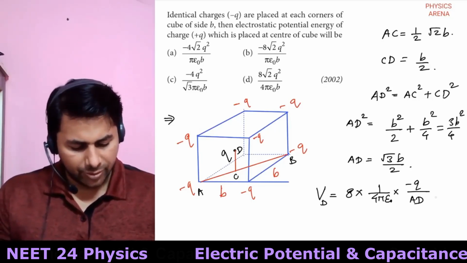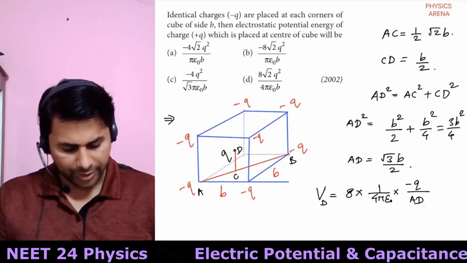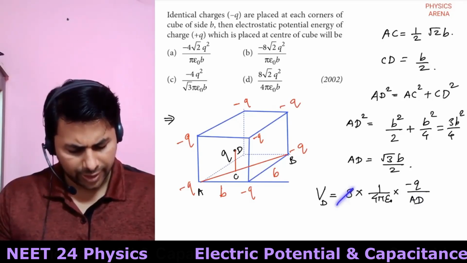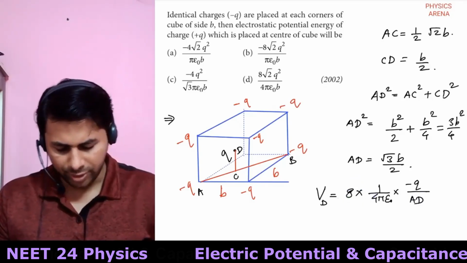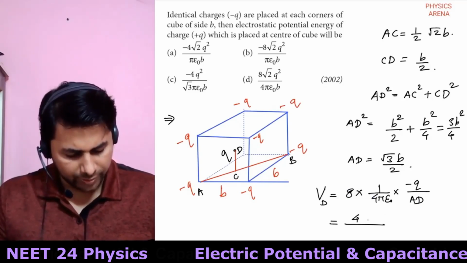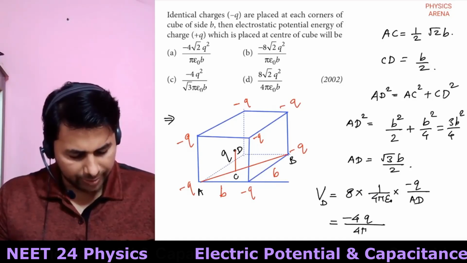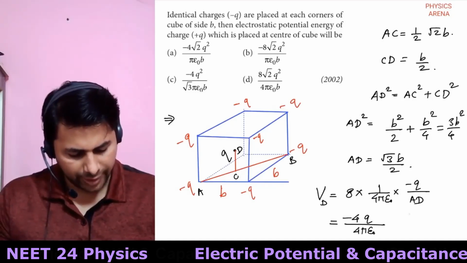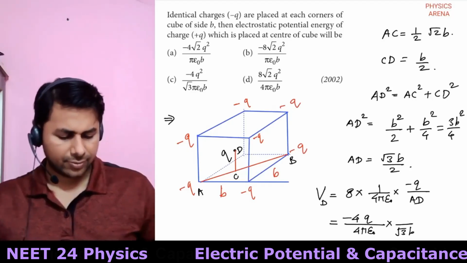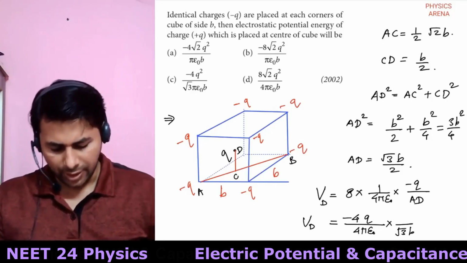AD is equal to root 3b by 2, so that 2 will move to the numerator. 8 by 4 is 2, 2 times that 2 is 4. So we have minus 4q upon pi epsilon naught times root 3b. You got it? This will be the potential.